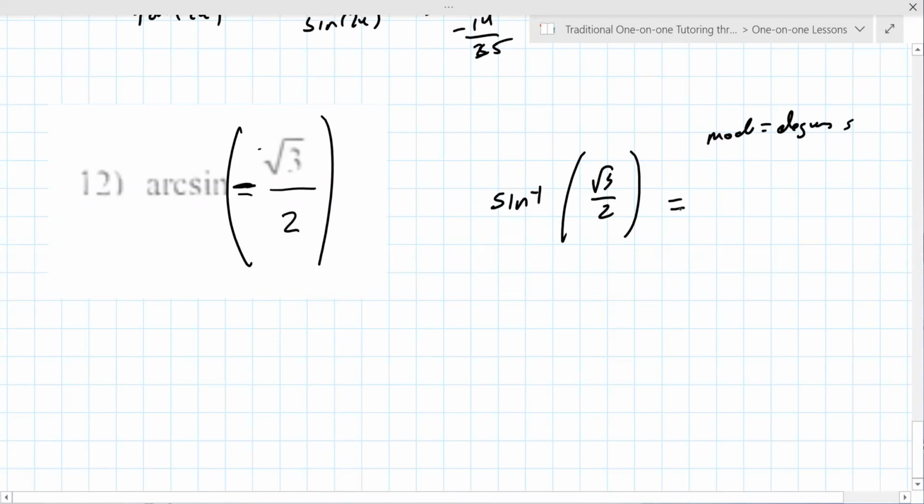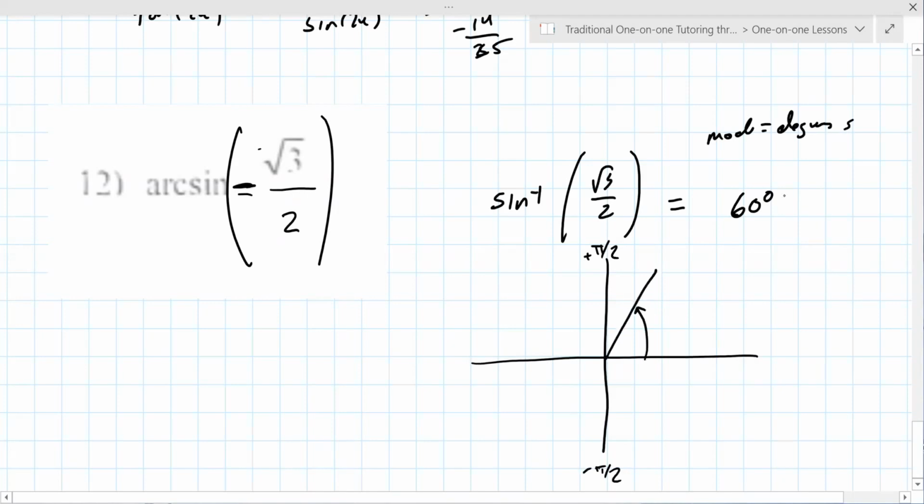Let me know if you get a number. 60. 60 degrees, okay? So the truth is that's correct. Arc sine is only good from minus pi over 2 to pi over 2. So that's your answer right there. If you wanted it in radians, you can multiply by pi over 180.